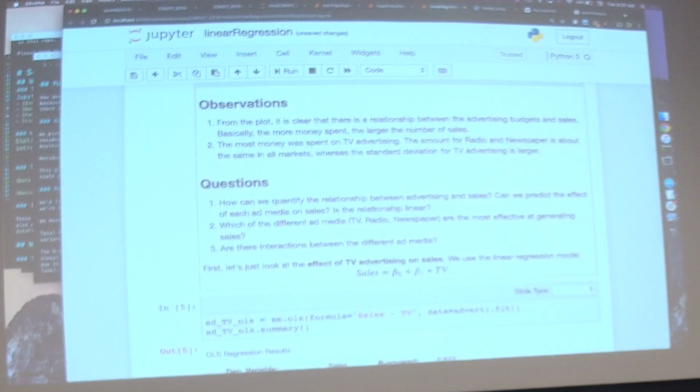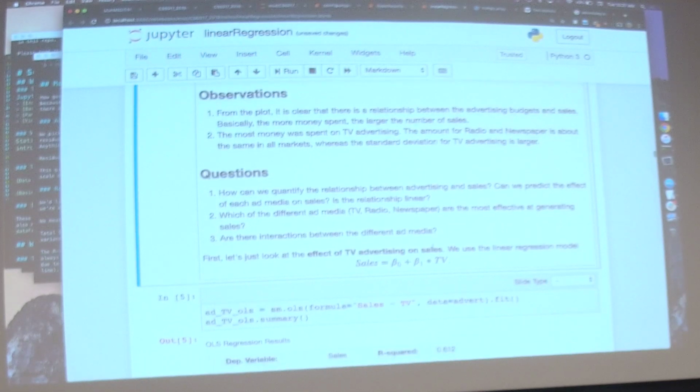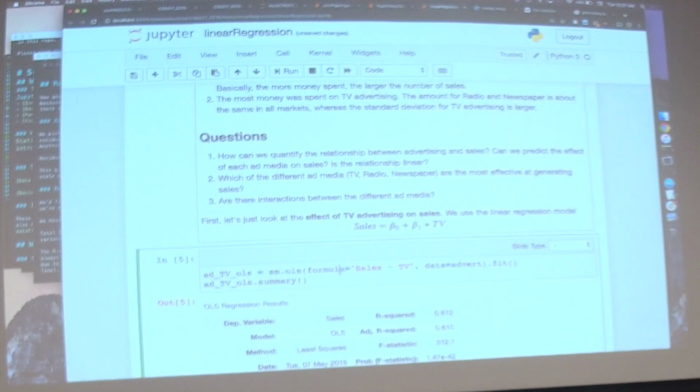We might just look at doing a linear regression to figure out how these various advertising media compare to sales. Here we're going to use the statsmodels library to do this. The SM is statsmodels, and OLS is ordinary least squares.